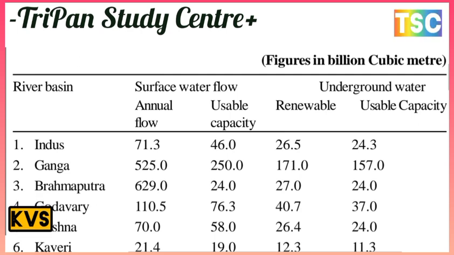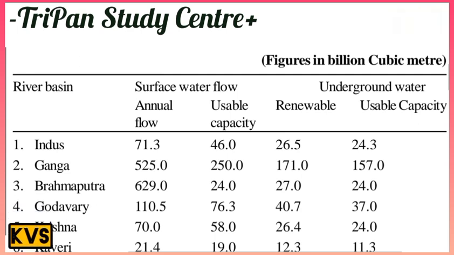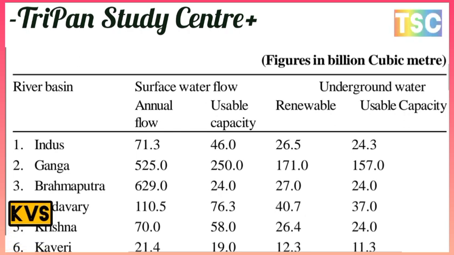Here comes the most important part, our table. There is the river basin, surface water annual flow, and utilizable capacity, renewable underground water, and available capacity. The Indus is 71, and utilizable capacity is 46, and renewable is 26%.